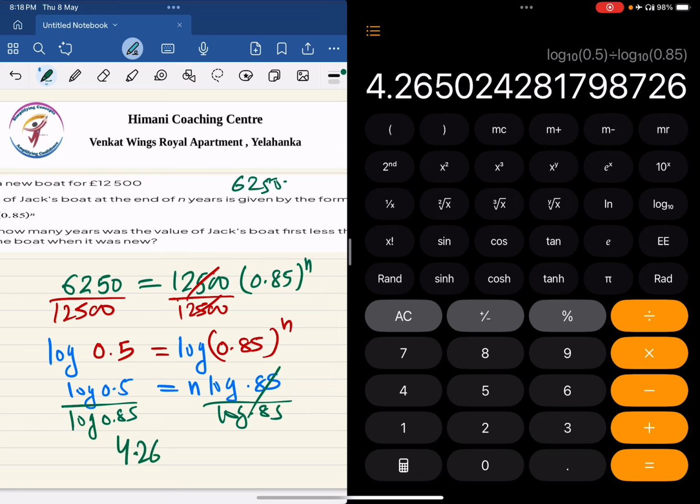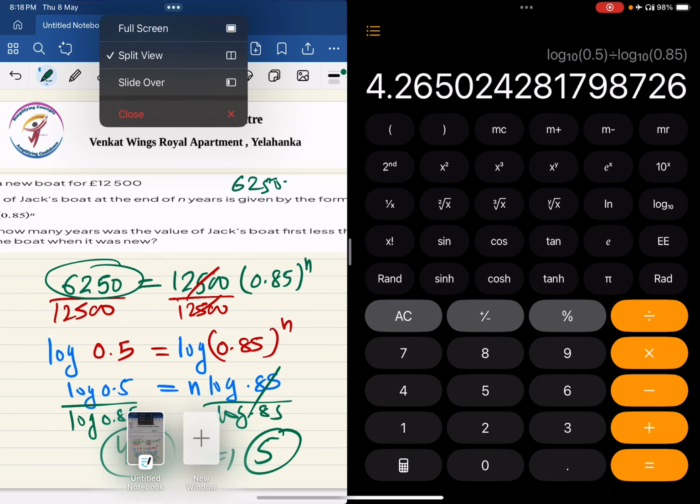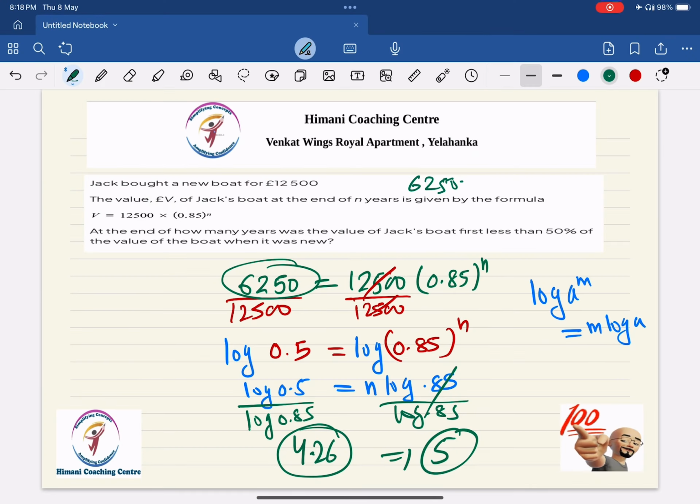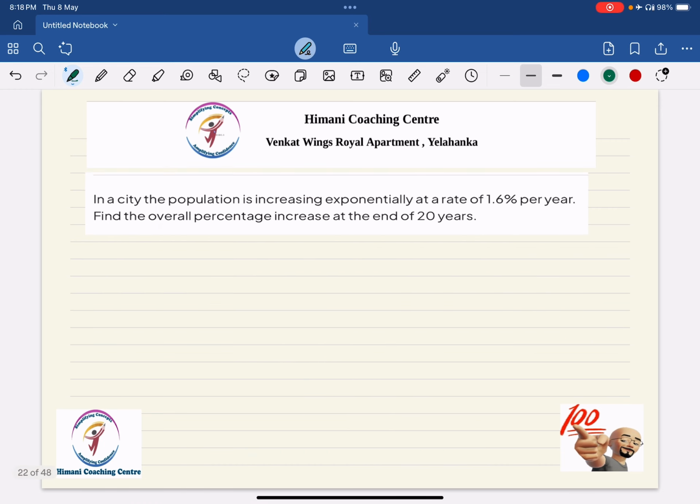That means the value of the boat would be 6250 at about 4.26 years. So that means after 5 years the value will go below 6250, and that's the way you can use logarithm. Okay, so you can use either the first method or the log method, whichever is comfortable. Now let us move on to the next question.